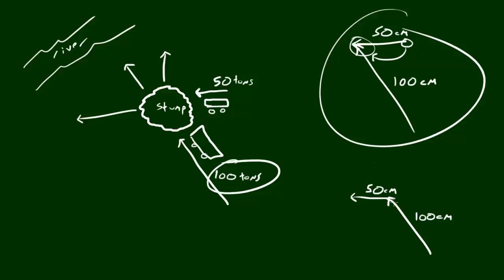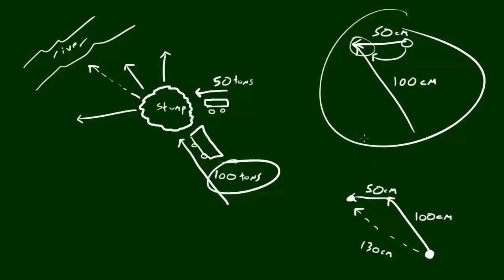Now we have both arrows facing in the same direction still, but now they are tied together. So now we start at the tail of the first one and connect it to the head of the second one. So this is our new arrow. Check it out. Now, I am not quite sure depending on the angle of this, but I'll make a guess and say it's 130 centimeters in this direction right here towards the river.